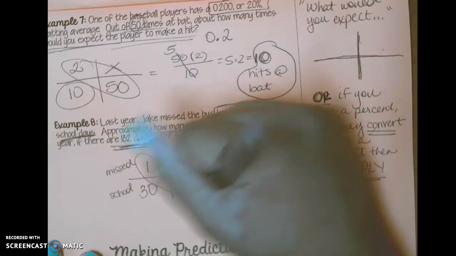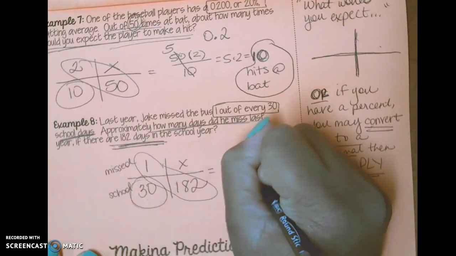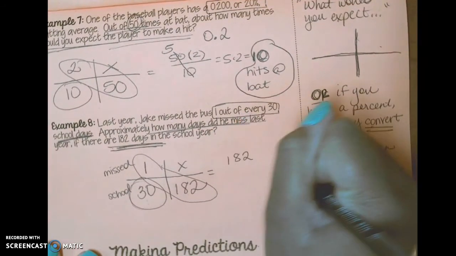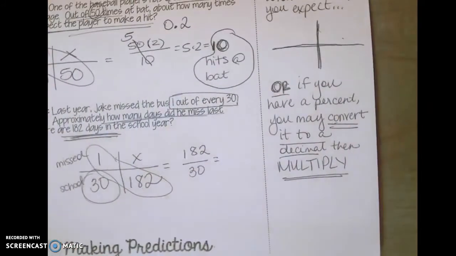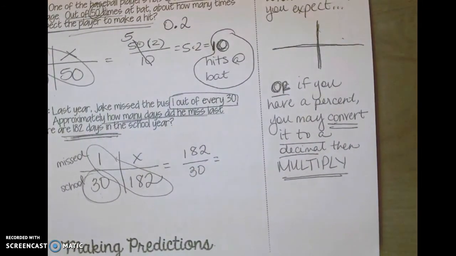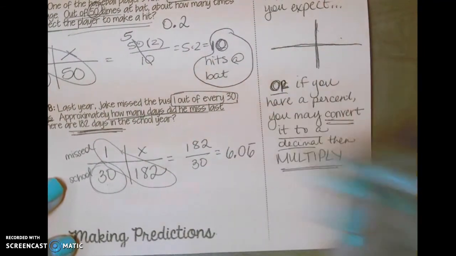Cross multiply, divide. 182 times 1 is just 182 divided by 30. What do you get with 182 divided by 30? 6.06, and the 6 repeats.